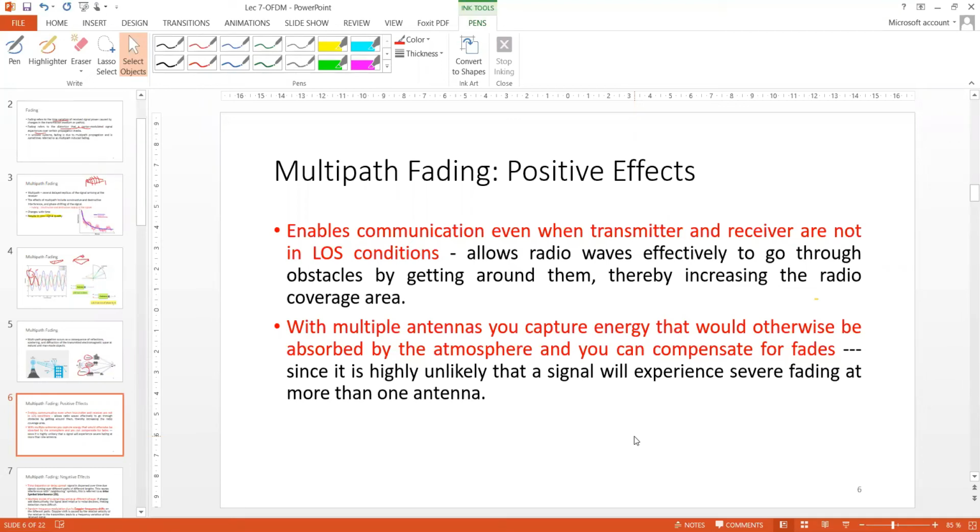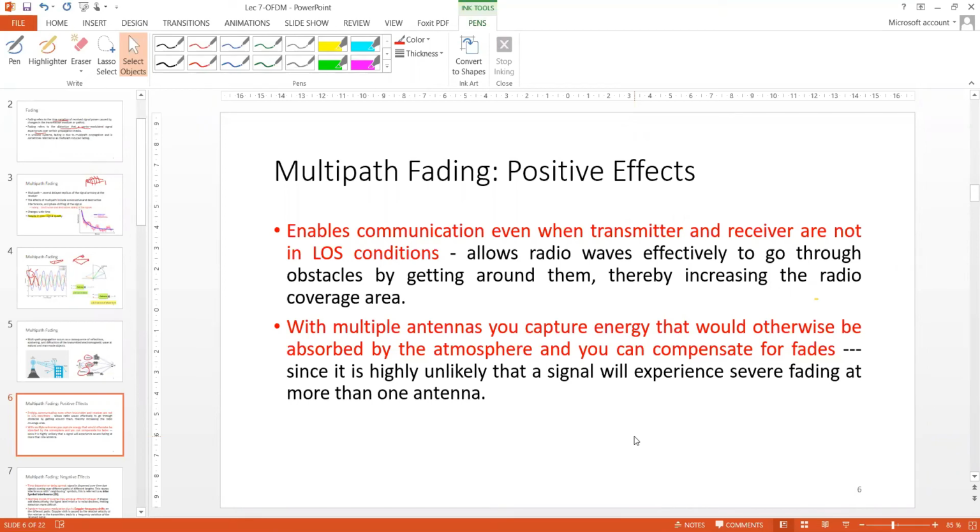So what are the positive effects of multipath fading? Some of the positive effects are: multipath fading enables communication when the transmitter and receiver are not in the line of sight condition. As I gave you an example, you are sitting inside a room and you are still able to receive and make calls.